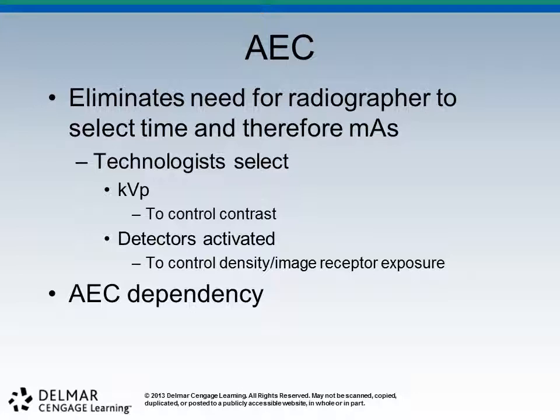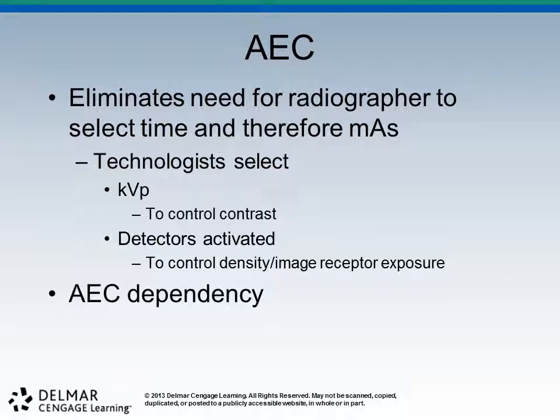Now, that is only adequate, or let's say accurate, that's a better word, when whatever you're trying to penetrate with your x-ray is directly over the photodetector. We'll talk more about that in just a little bit. But the thing is, anytime you use a phototimer, you give up control of time. Think of that x-ray circuit. In the upper left side, you see a little rectangular box that says timer.